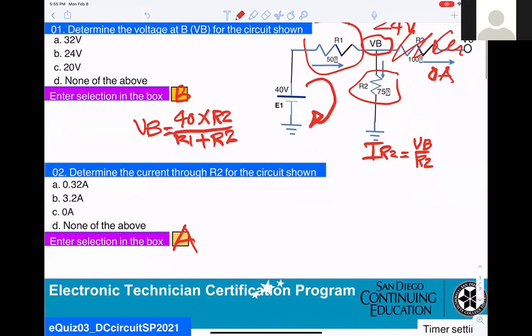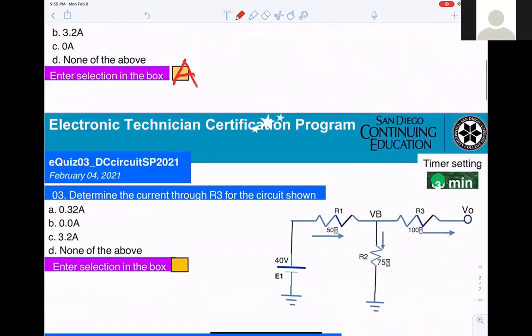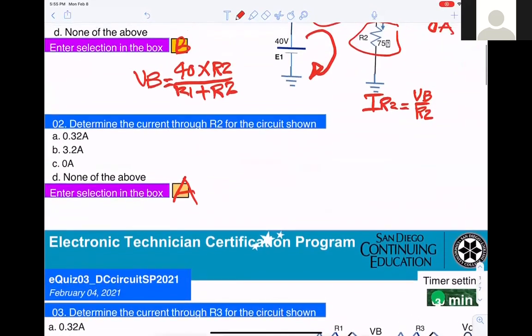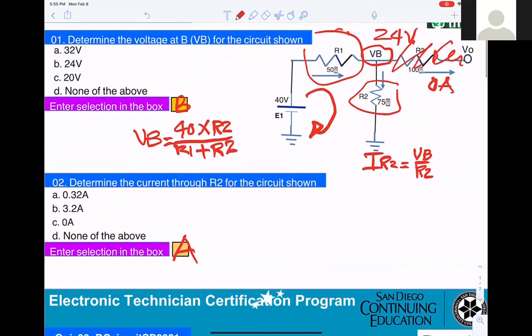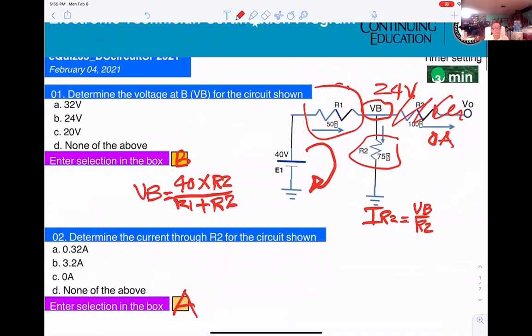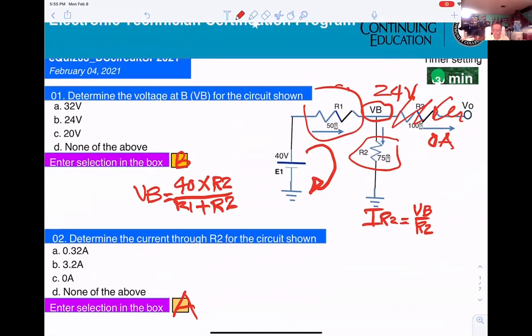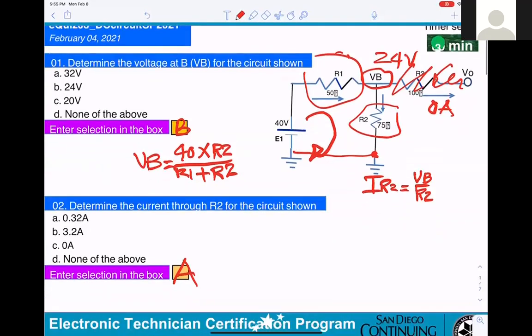Actually, this circuit is circular in a way, because the two ground points are actually one ground. Instead, I draw it this way. But we can put two different grounds, they're still the same ground. 40 times R2.